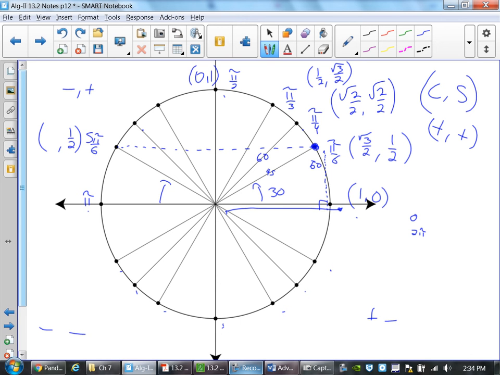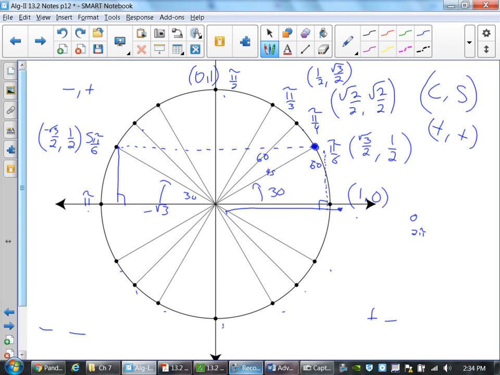But what changed is the adjacent value becomes negative because you went to the left. So that's why your cosine value is negative root 3 over 2, because you're in the second quadrant. X values are negative.